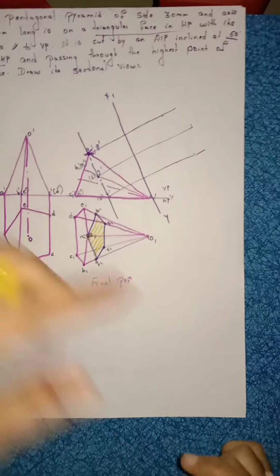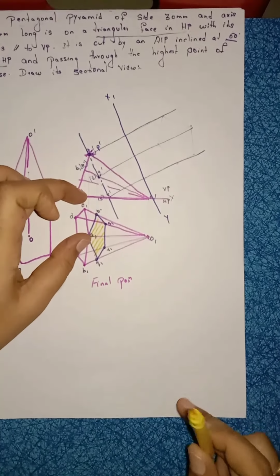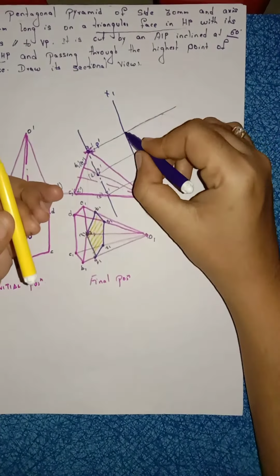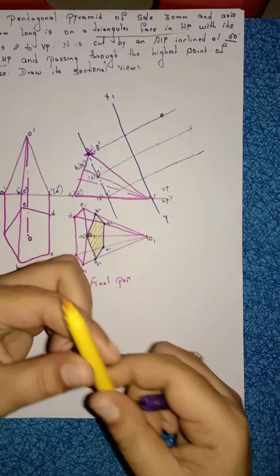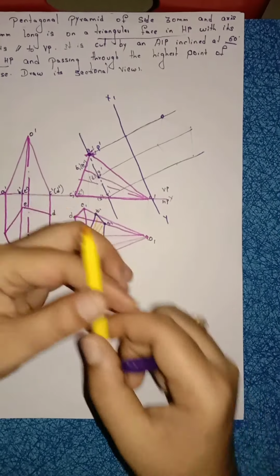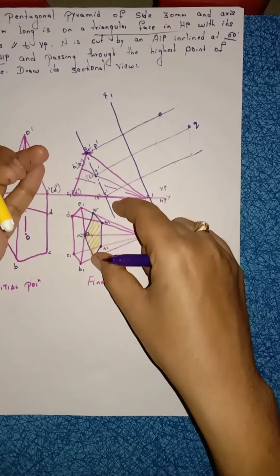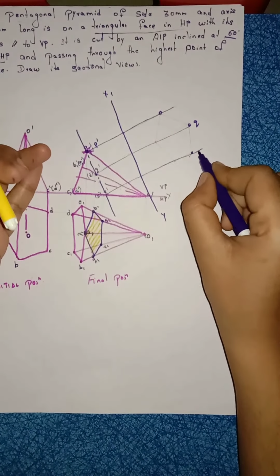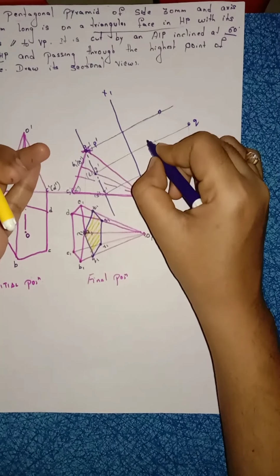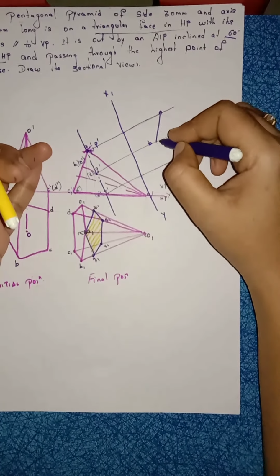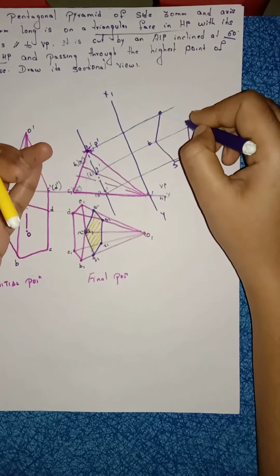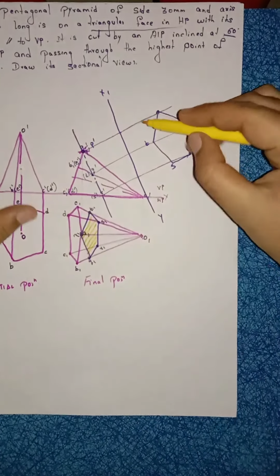After that, what do you have to do? From the reference line to P point, from the reference line to Q point, from the reference line to R, S, T. If you join this P, Q, R, S, T, you will get the true shape.